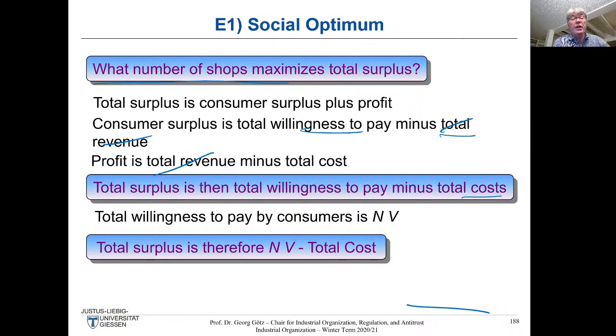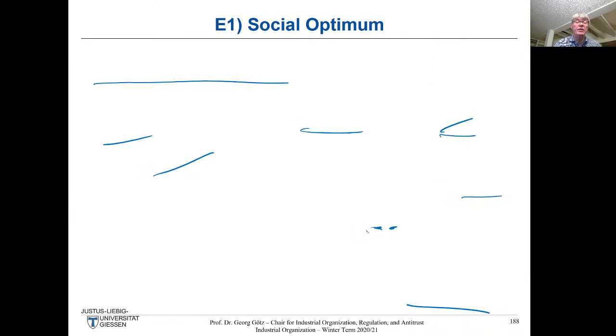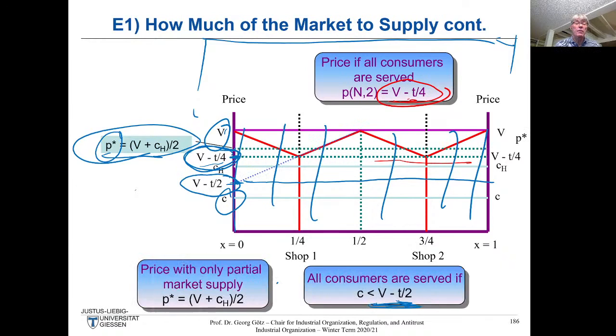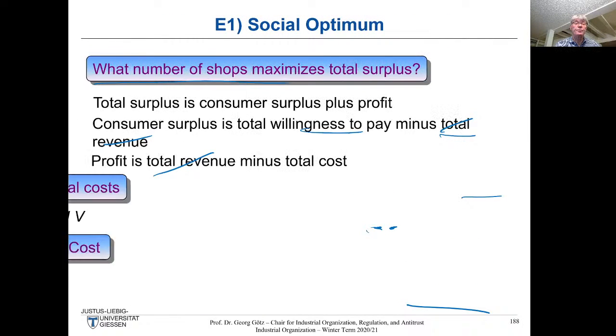Total willingness to pay of the consumers: each consumer has a willingness to pay of V. We have capital N consumers, so total willingness to pay is N times V, and this is nothing else than, in our diagram here, the whole area below V times N. Okay, that's what we have here.